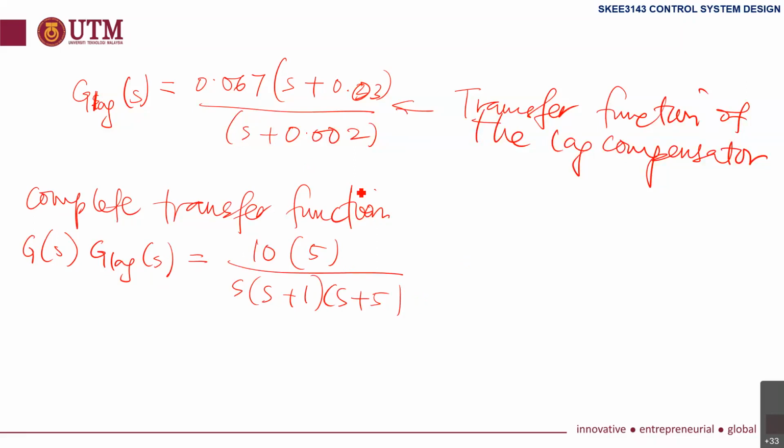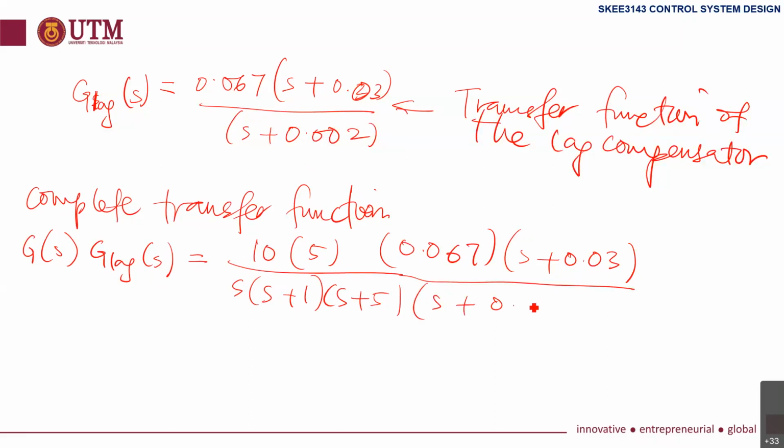We can multiply with this, with G lag, become 0.067 S plus 0.03 divided by S plus 0.002. Okay, then you can solve this, can get the final one.